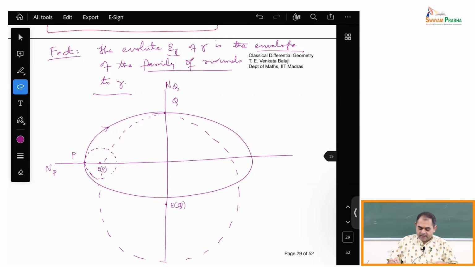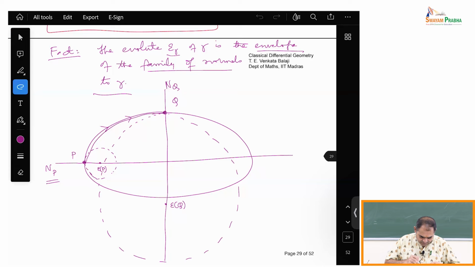All right. And as you move from the point P to the point Q along this segment of the ellipse, the initial normal is NP at P, and the final normal is NQ at Q, okay, and what you will get is something like this.